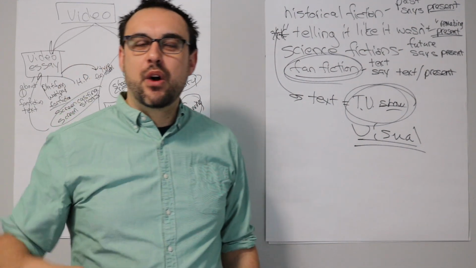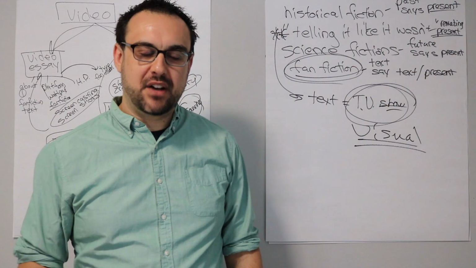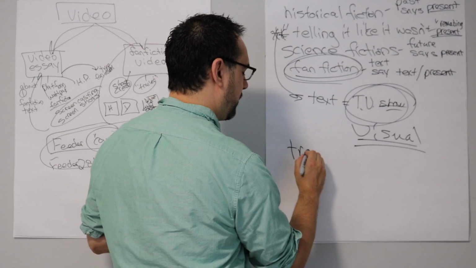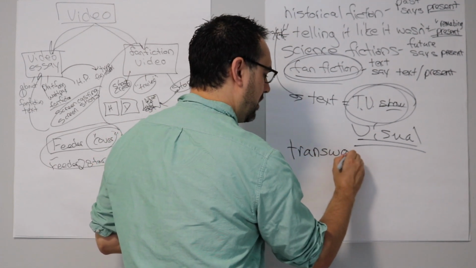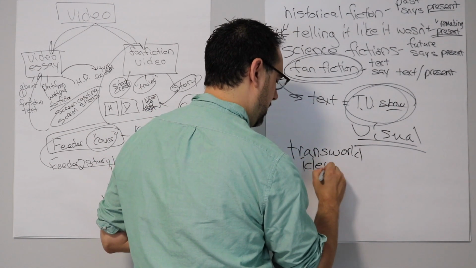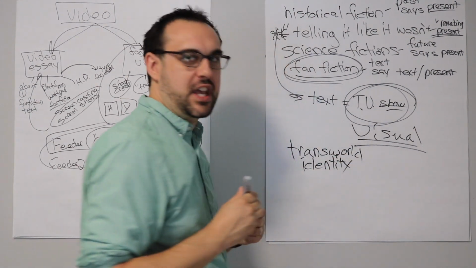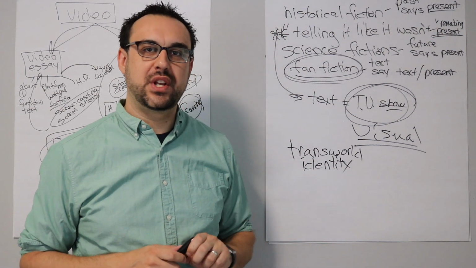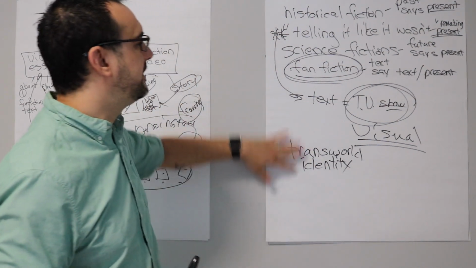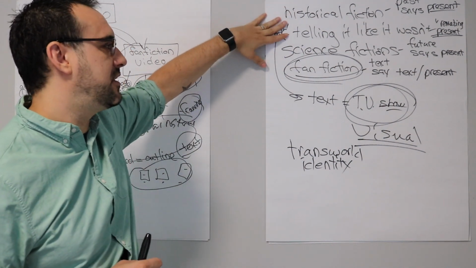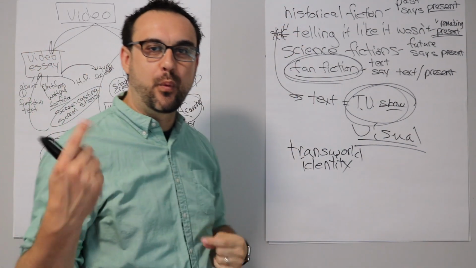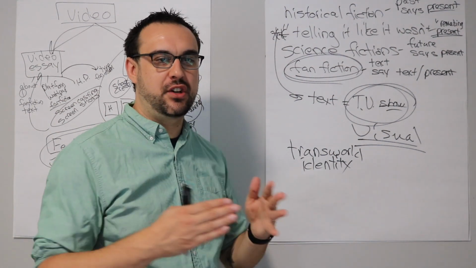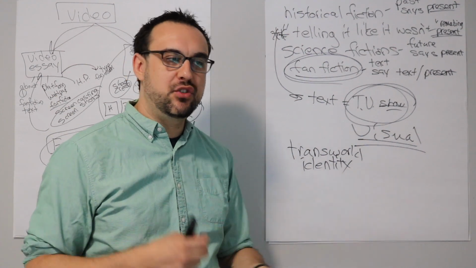So this week, we're really going to get into thinking about some concepts that I think are really important for talking about fan fiction. We're going to look at a philosophical concept tonight called trans-world identity, and it's tied up with historical fiction and telling it like it wasn't, where you can recognize the historical character but also see them in new situations.